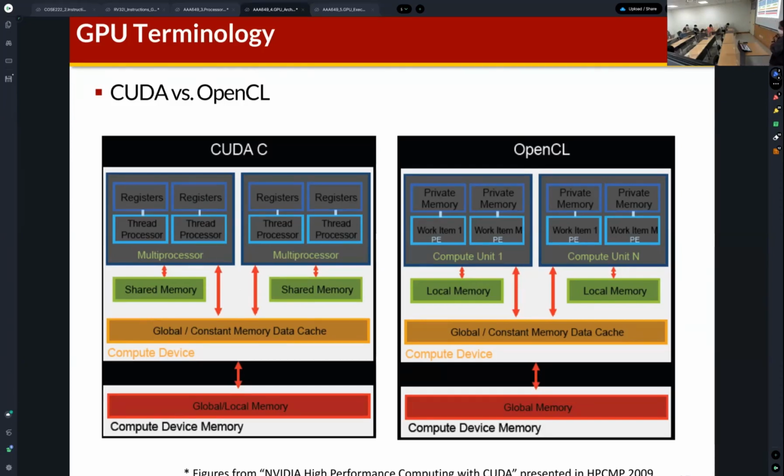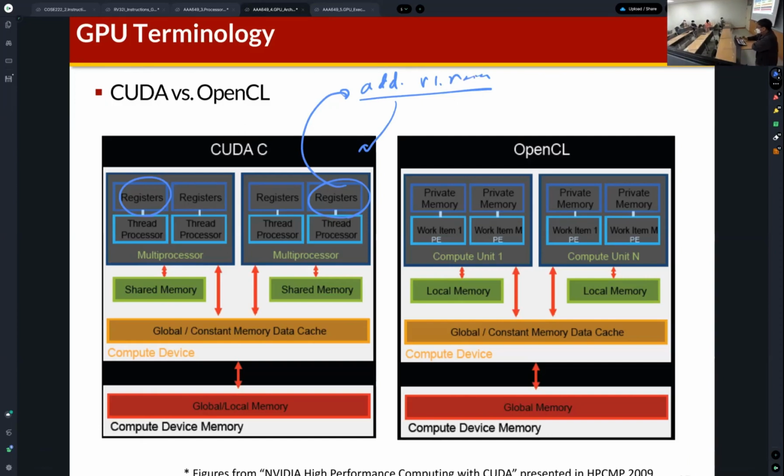Okay. So in OpenCL, registers, I mentioned that CUDA is compiled into some instructions like R1 and R3, so you access the registers. But in OpenCL, this register is called the private memory. And the SM, streaming multiprocessor, is the compute unit in AMD, in OpenCL terminology.